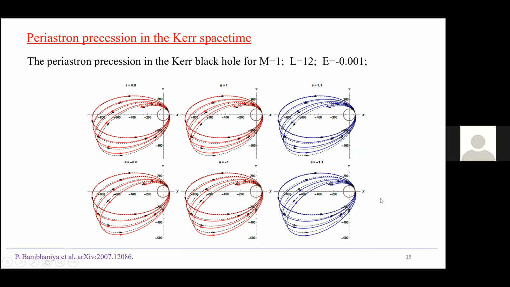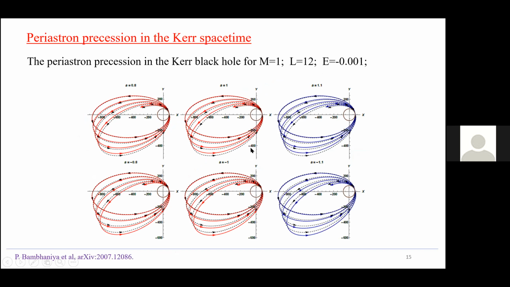And if we consider a more physically realistic compact object at the galactic center, then we must consider a rotating compact object. If we derive the orbit equation using the timelike geodesic for the curved spacetime and plot it numerically, we get the periastron precession in the Kerr space-time.